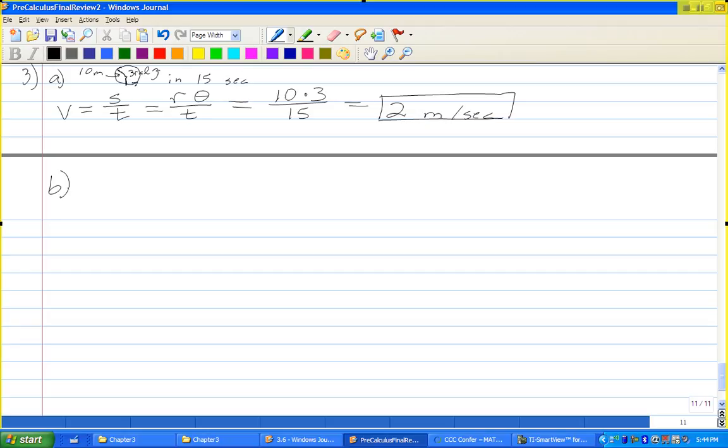An object is traveling at 50 miles per hour. Speed is 50 miles per hour. If the diameter is 26 inches, so that means that the radius here is 13 inches.